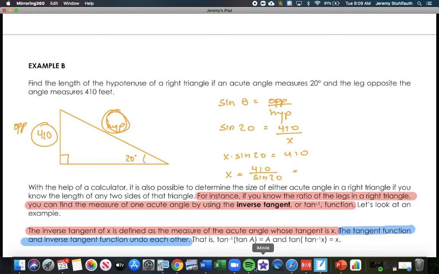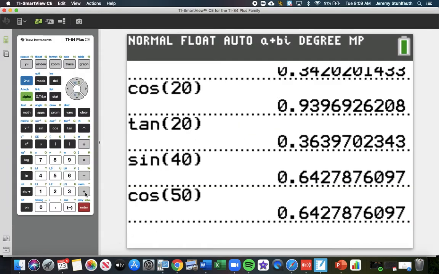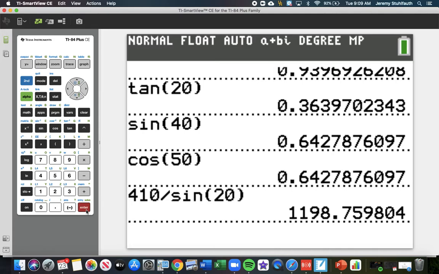You go to your calculator and you type that in. You have 410 divided by sine 20. And you find out that your missing leg is 1,198.8 feet. We'll round to one decimal place.